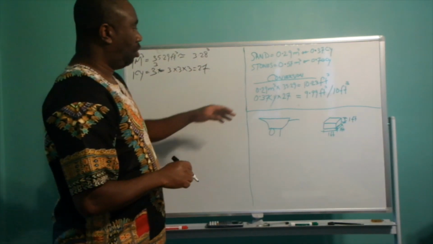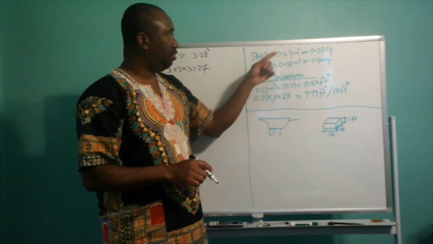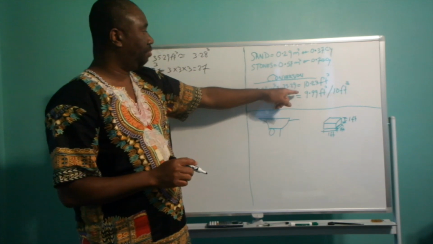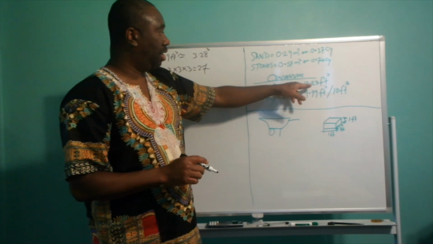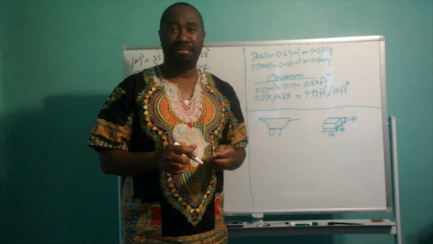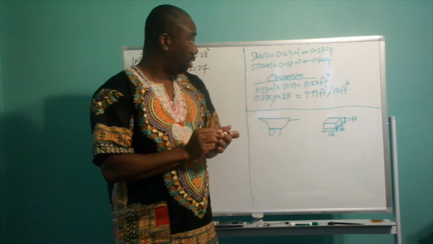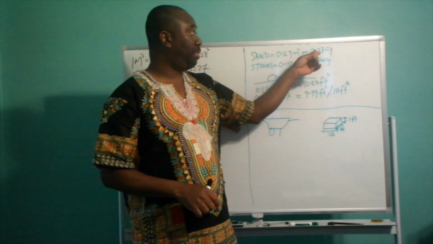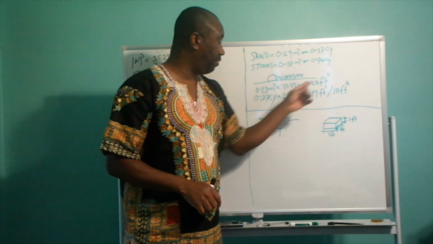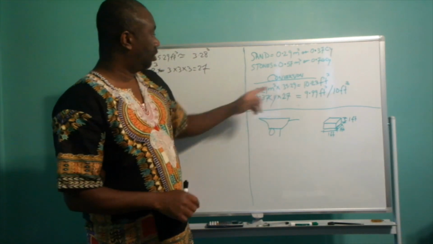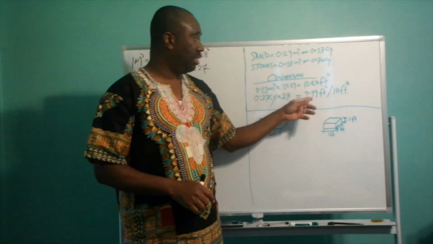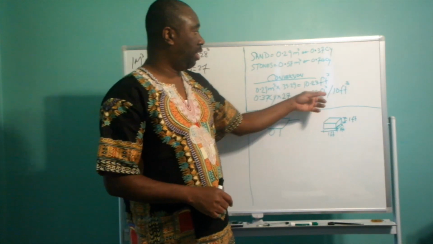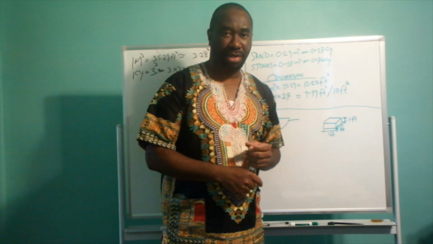So you can convert this 0.29 by multiplying by 35.29, and the value of that is 10.23 cubic feet. Similarly, you can multiply the 0.37 cubic yard by 27, and the result is 9.99 cubic feet, and you round that up to 10 cubic feet.